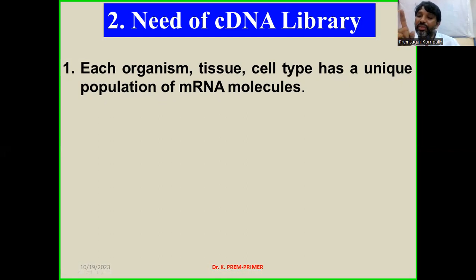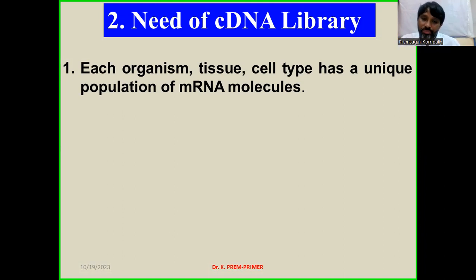When you change the condition, the degree of expression of particular genes which are expressed in that condition also varies from one condition to another, to cope up or to adapt to that particular condition.